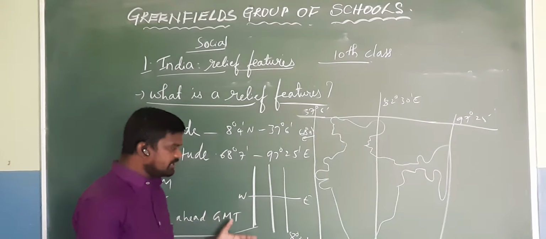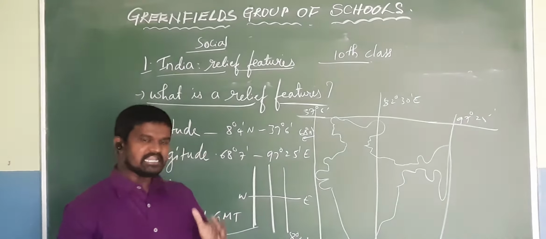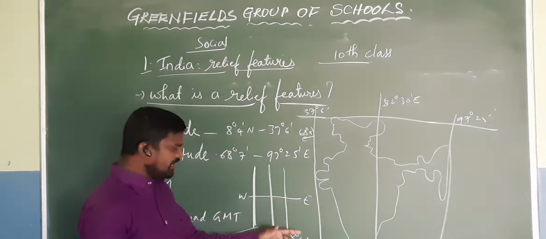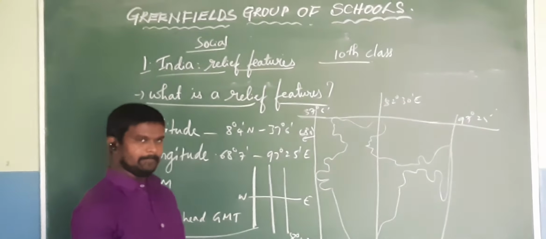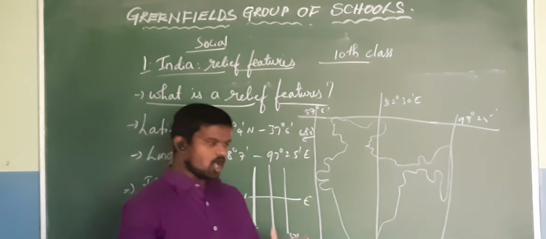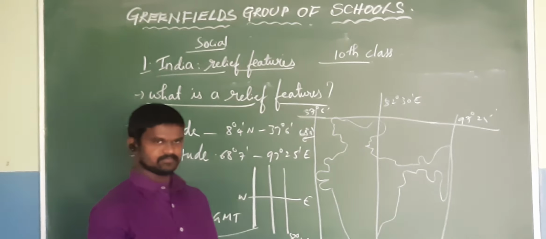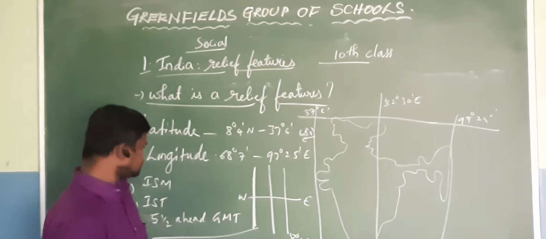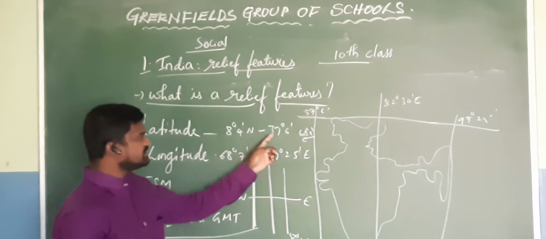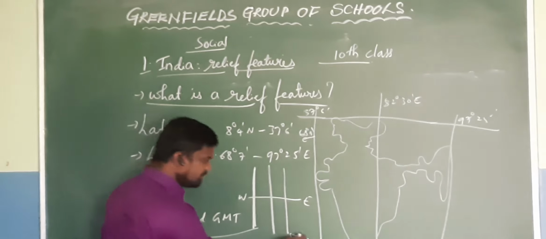Now we will discuss where our country is located in terms of latitudes and longitudes. India is a very extensive country. It is located in the northern and eastern hemisphere of our world. In latitudes, it lies from 8 degree 4 minutes north latitude to 37 degree 6 minutes north latitude, and in longitudes from 68 degree 7 minutes east longitude to 97 degree 25 minutes east longitude.